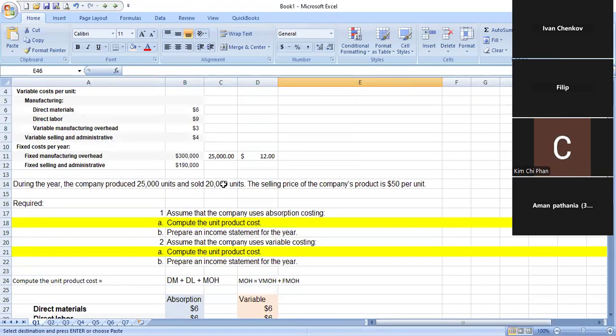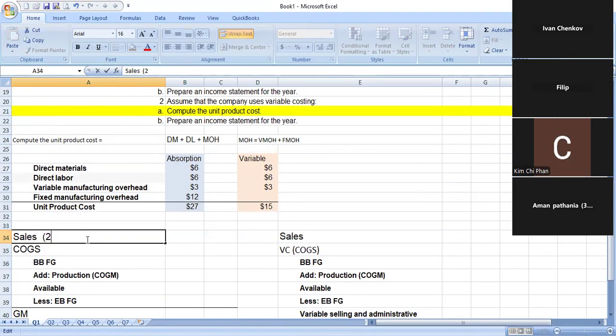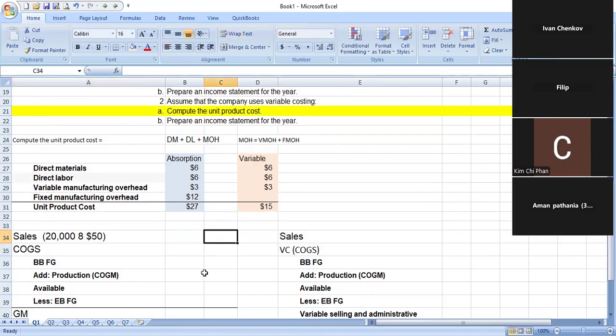Sales, how many did we sell? 20,000. What's my selling price? 50. So my sales are 20,000 units times $50. We can easily get our sales, and our sales will be equal to 20,000 times $50 per unit.